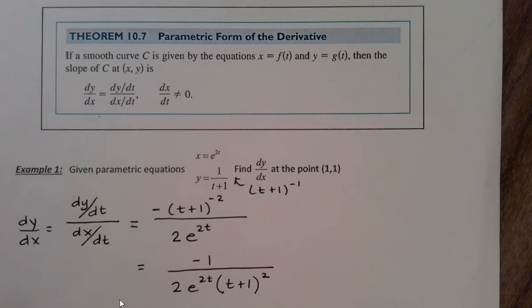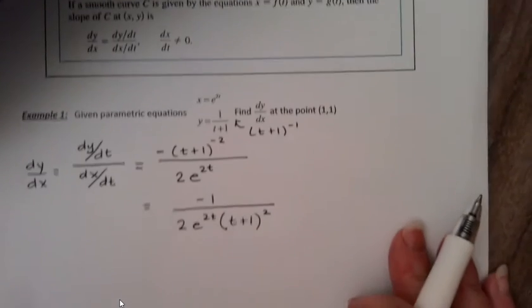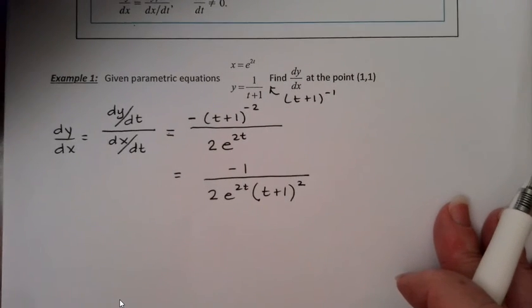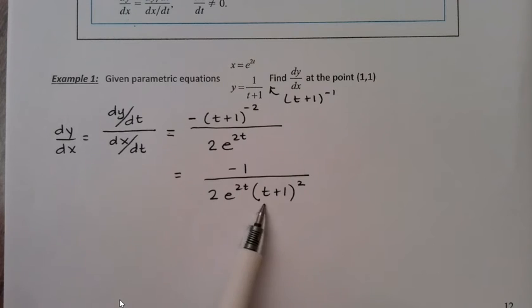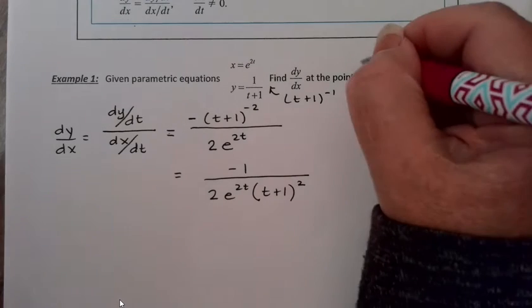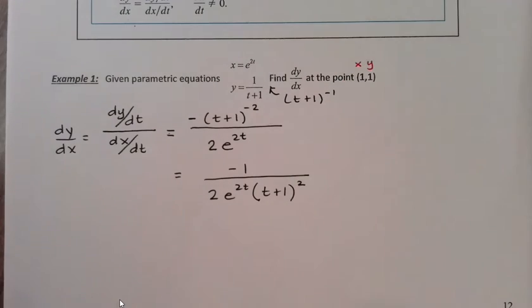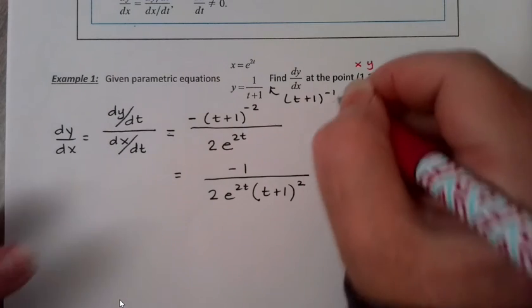All right, so I've got my derivative. I now need to actually find the value of the derivative at the point (1, 1). And here's where we have to kind of take stock again. My derivative is now a function of t, and the points that I was given are x and y. So I'm going to have to use that x and y to figure out t.